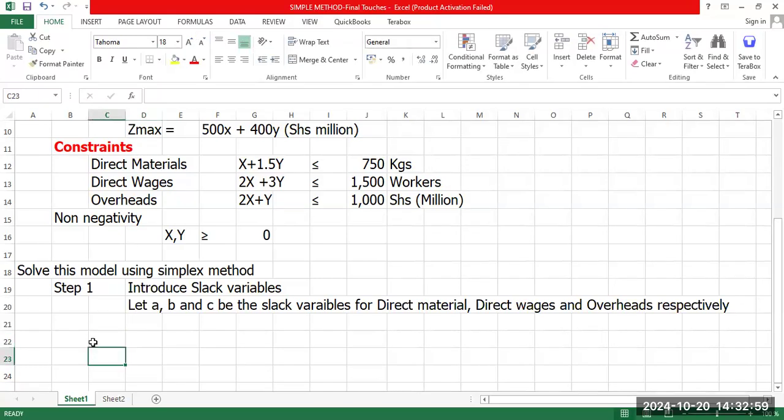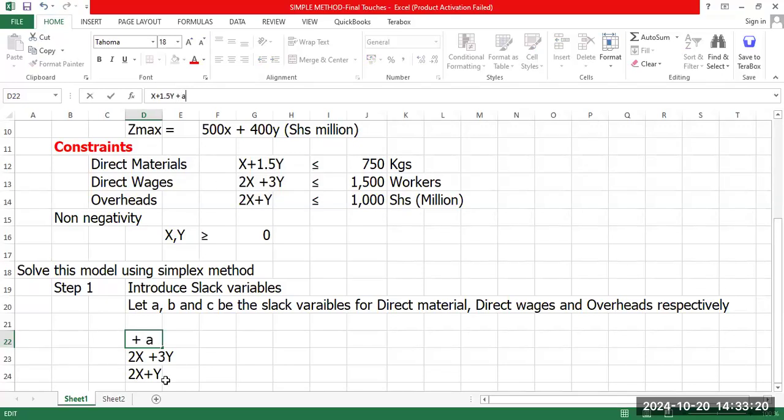Okay. So once you do that, you will now bring this here, but on every inequality you add a slack variable.